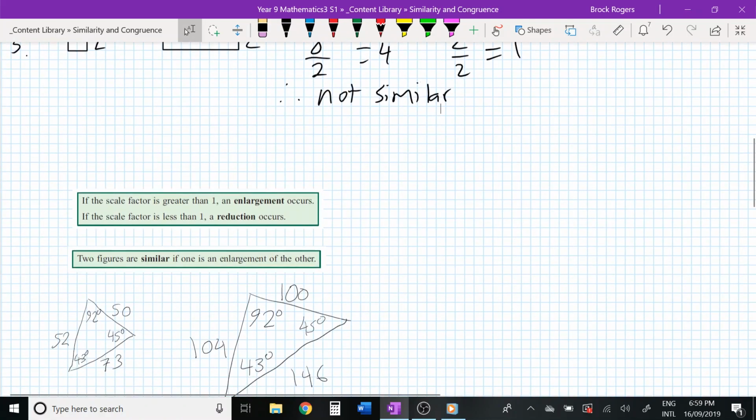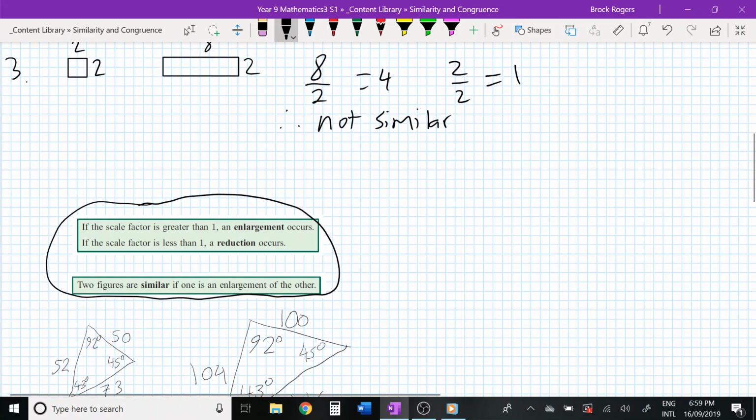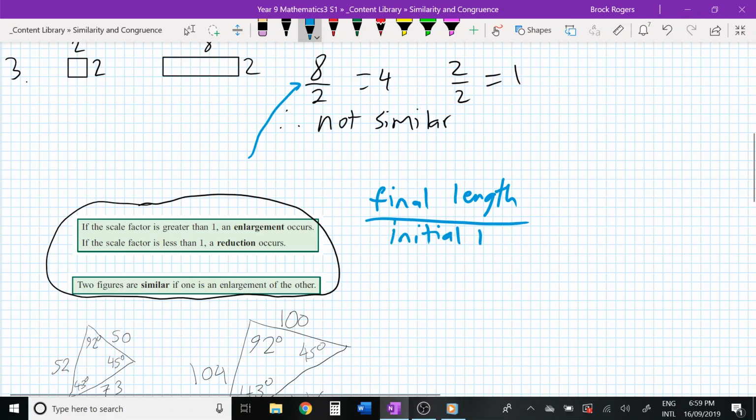Okay. So we see that we can find the similarity of shapes by looking at a factor of enlargement or reduction. This scale factor, if you take a ratio of the side lengths with the final number being in the top position of your fraction, also known as the numerator, and the initial length in the denominator position, you will find the scale factor.